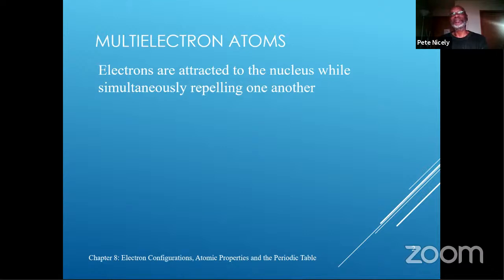You don't have any other electrons that would interfere with it, and therefore there'll be no electron-electron repulsion in those situations. In the multi-electron atom situation, things are a bit more complicated because you have more than one electron, and because electrons are negatively charged, they will repel each other, and therefore they can have some influence on how the electrons are arranged in the atom.